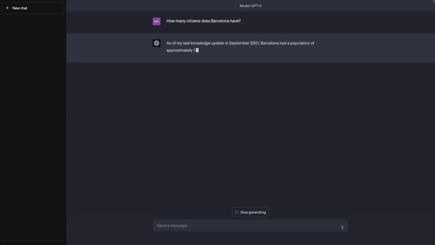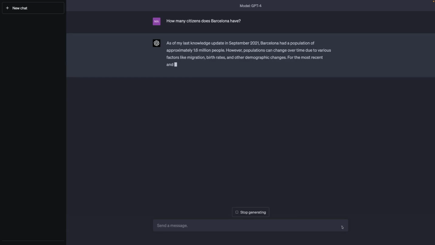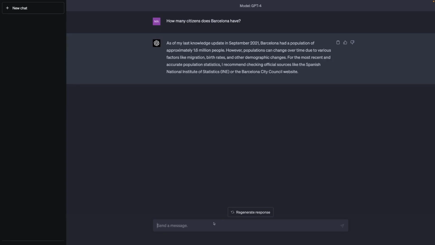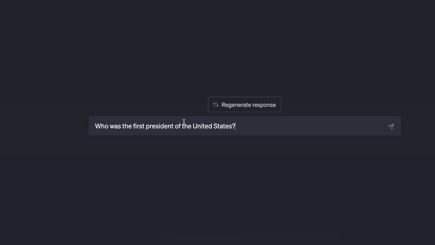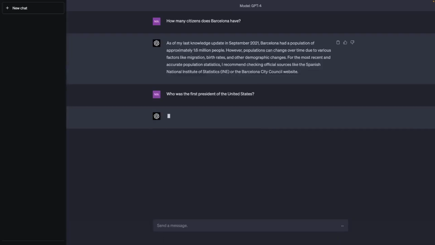ChatGPT quickly explains its cutoff date, September 2021, and then returns the population count according to its sources. Same thing applies for the next question. Who was the first president of the United States? This is also a simple fact-based prompt.